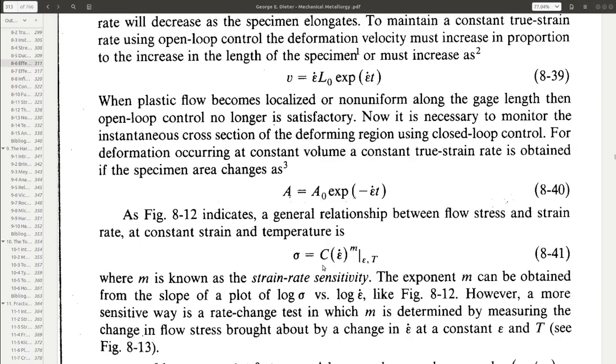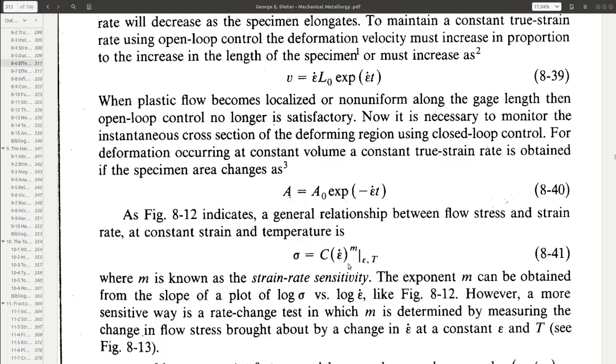So this is an empirical relation, not a derived one. We could say sigma is equal to some constant into epsilon dot to the power of m, where this m is known as strain rate sensitivity, which is nothing but the slope of that line.